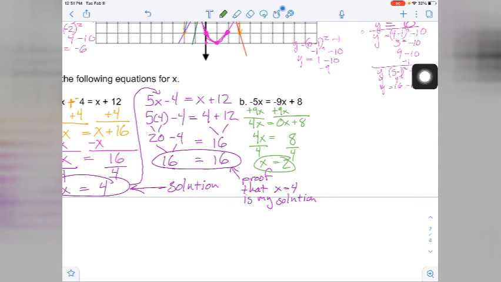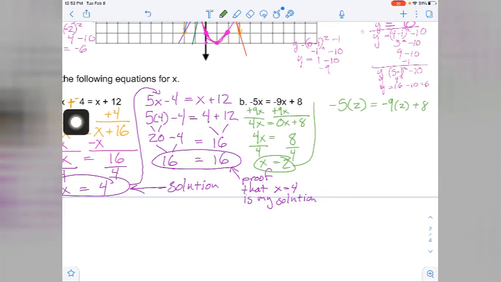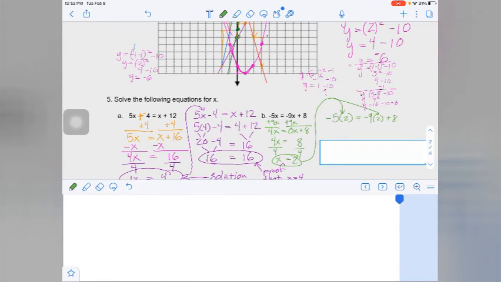And then I can check my work by doing negative 5, instead of times x, I'm going to do times 2. And that should equal negative 9, instead of times x, I'm going to do times 2 plus 8. So here is my equation rewritten without an x, but with a 2. So I've taken these 2's and put them there and there.